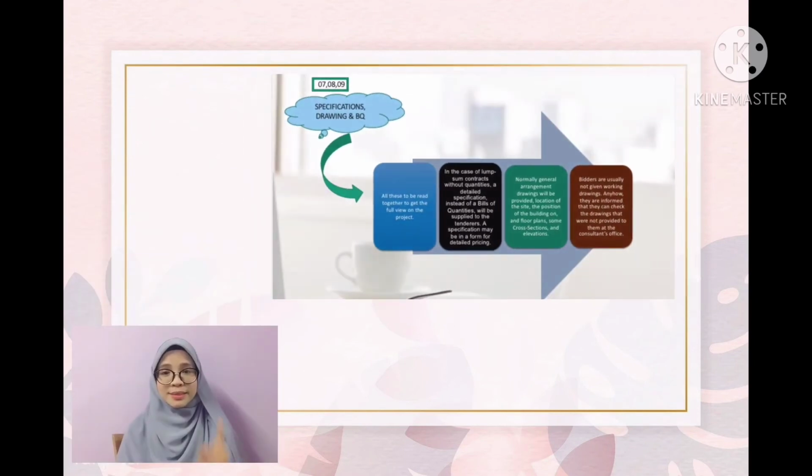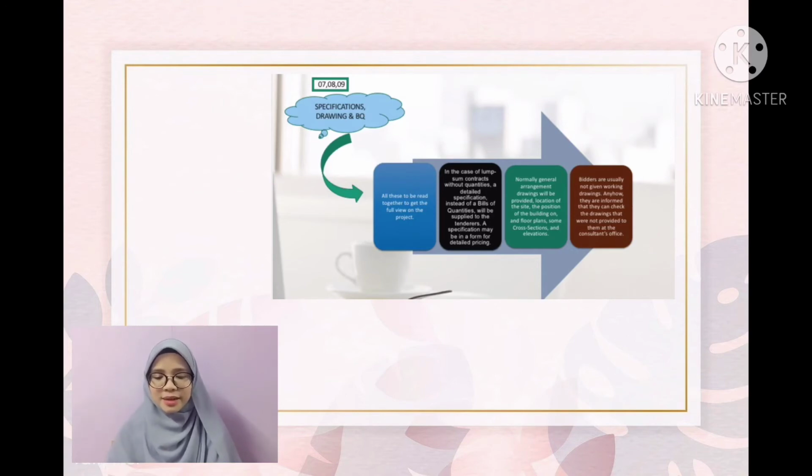Content number 7, 8, and 9: specification, drawings, and BQ. All of these are to be read together to get the full view of the project. In the case of a lump sum contract without quantities, a detailed specification instead of a bill of quantities will be supplied to the tenderers. A specification may be in a form for detailed pricing.